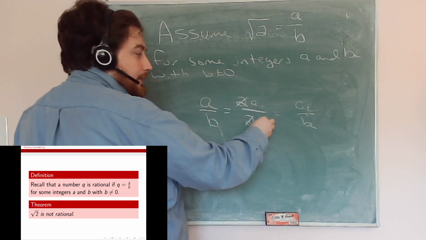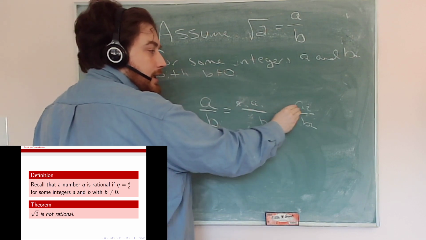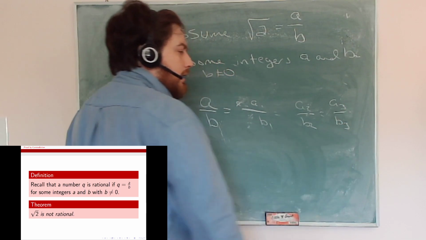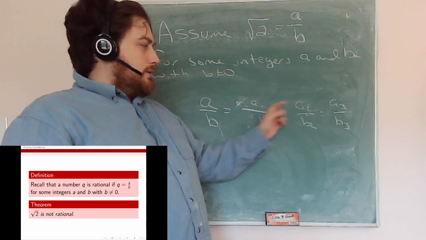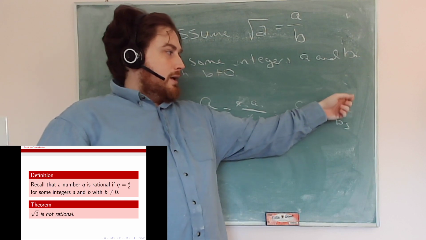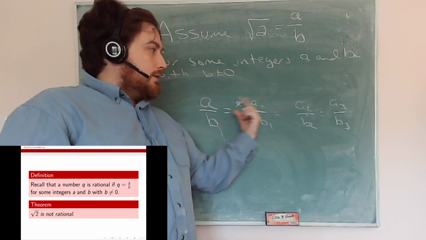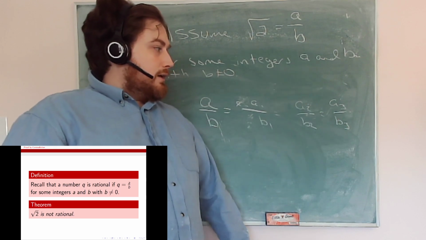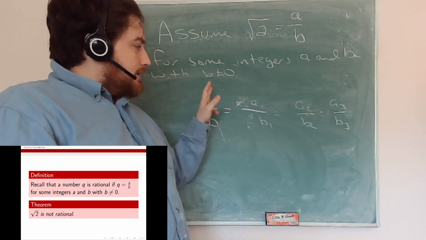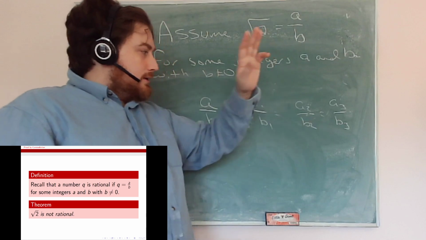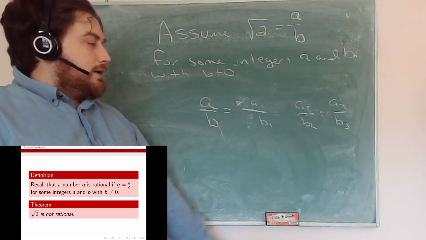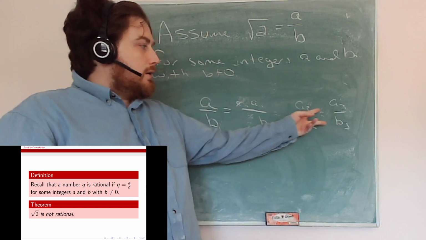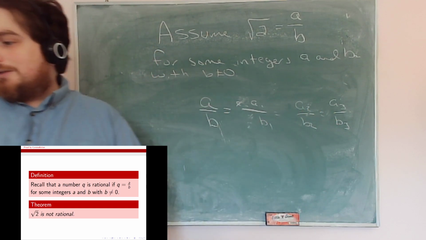And if that's still even, I can cancel out the 2's again, and I can get an a3 over b3, where I've canceled out a total of three 2's, or divided both by 8. So a3 is less than a2, b3 is less than b2, and so I keep getting smaller integers, where these are all equivalent, because all I've done is cancel out 2's.